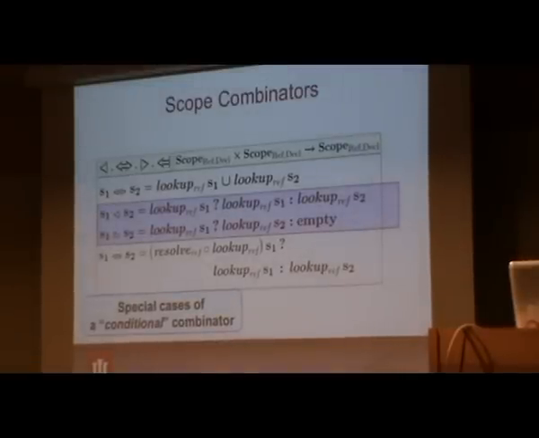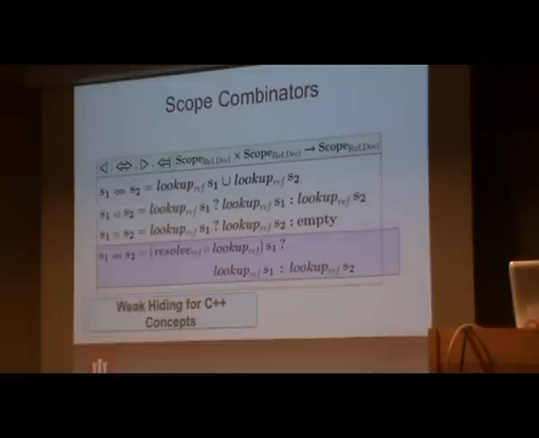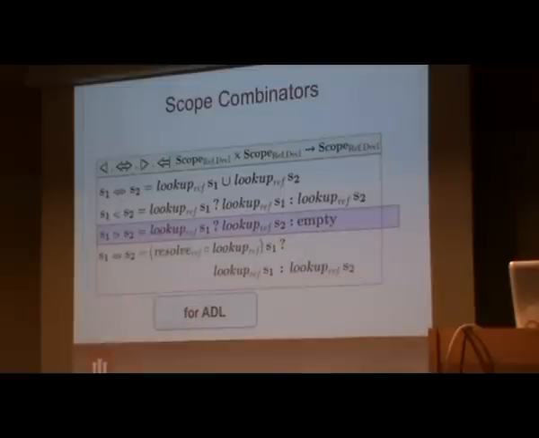As you can see, they are special cases of a conditional combinator. Weak hiding, as I said, is used for experimentation with concepts, and opening is for ADL.